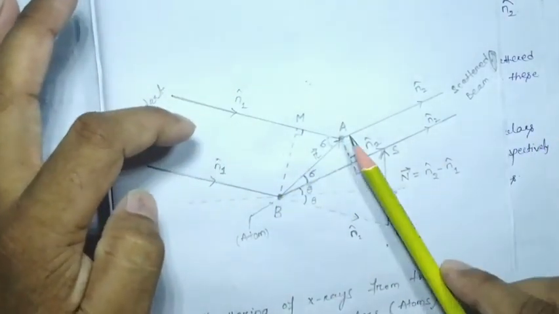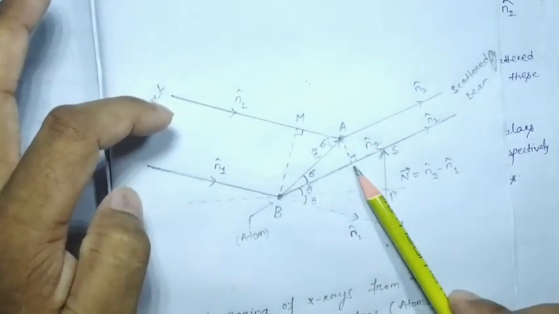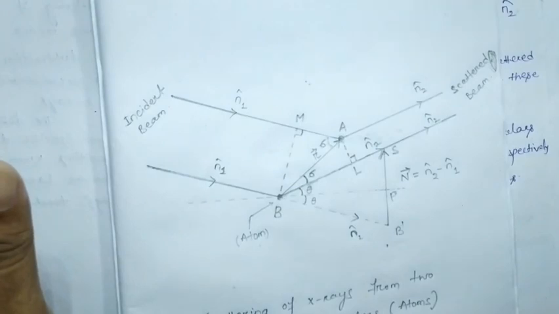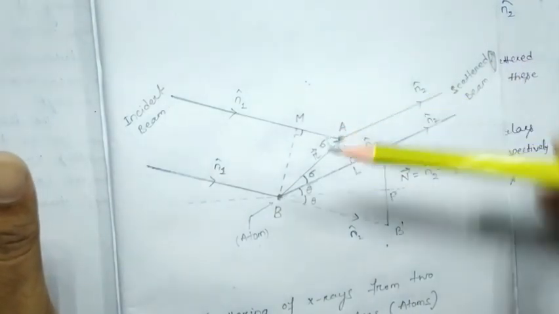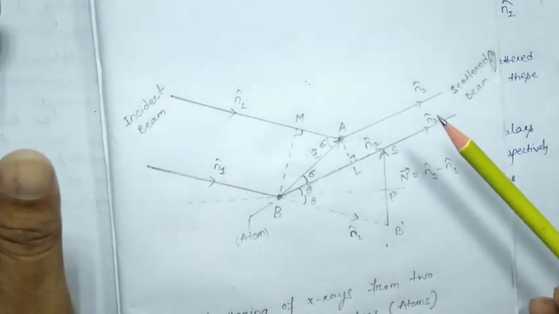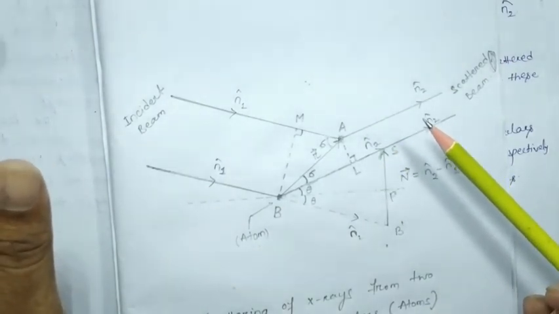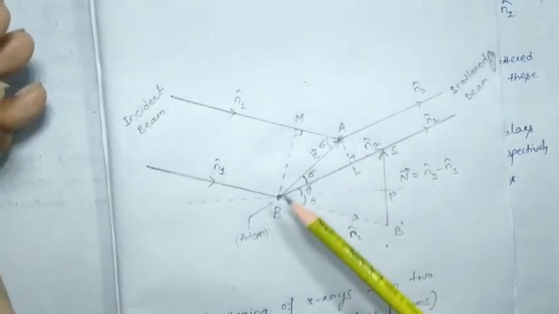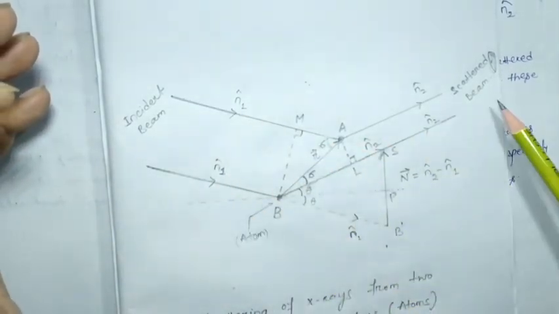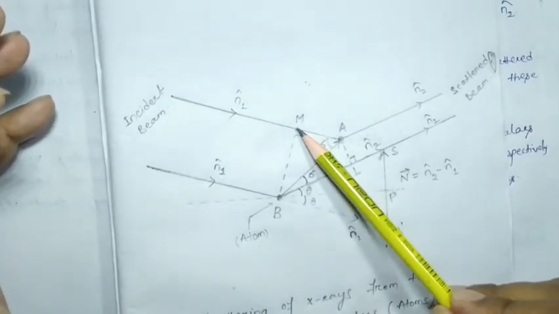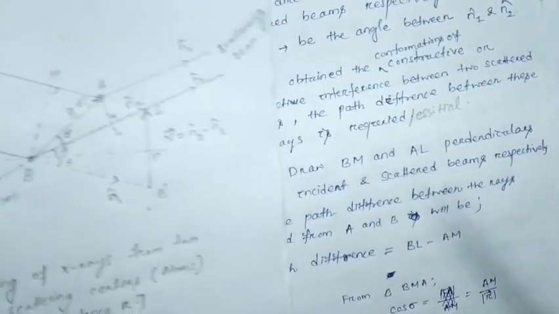From A onwards, from L onwards, they also travel the same distance, but MA and BL are not the same distance. So what will be the path difference between this ray and this ray? That will be BL minus MA, or AM.